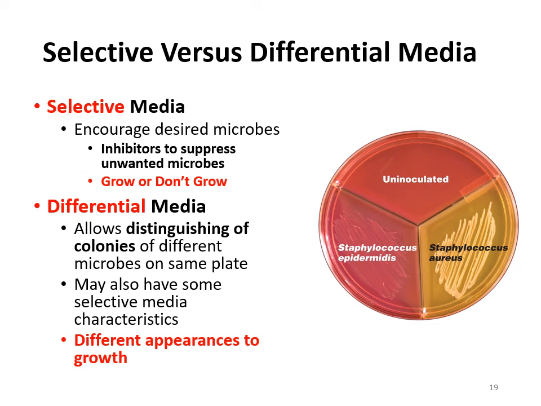Okay, so you want to have media that can quickly tell you which of these two your patient is dealing with. Okay, now a lot of plates are both selective and differential at the same time. So you'll notice in the picture, MSA plates are selective for salt at the same time that they change color for a differential aspect. Okay, but know the difference between selective aspect and the differential aspect.